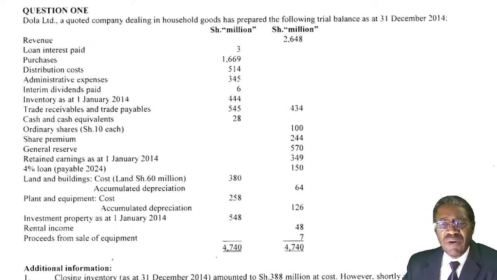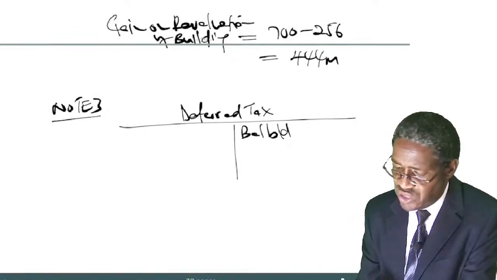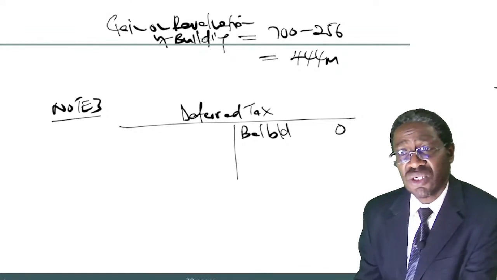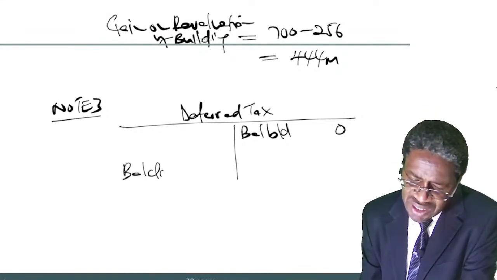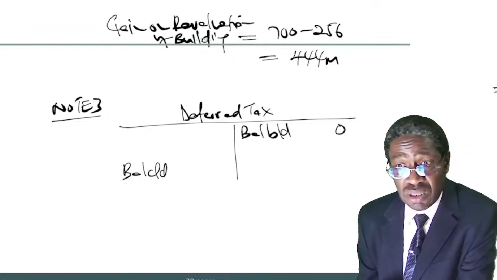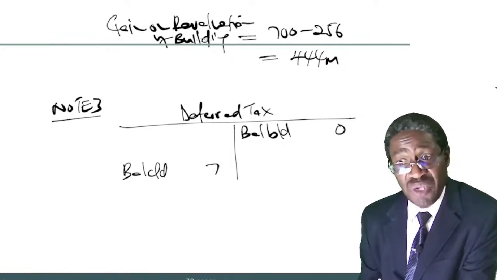If we look at the trial balance, it seems there was no deferred tax balance at the beginning, though some questions do have one. So let's just bring down a balance of 0. Now we are told to maintain it at 7 million. That's what we are carrying down.